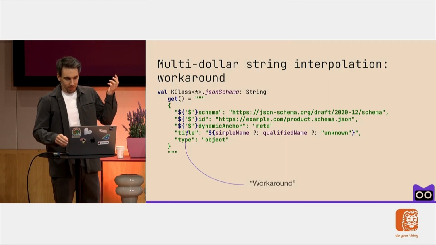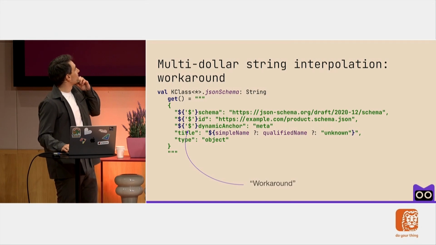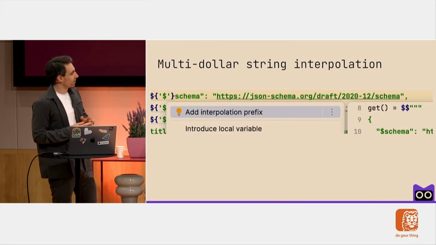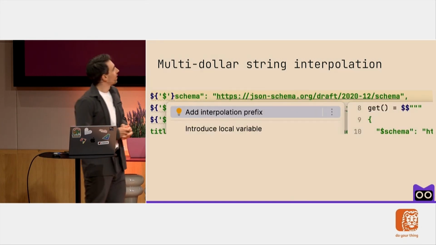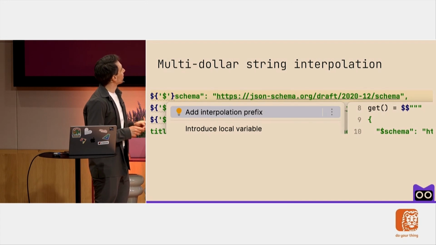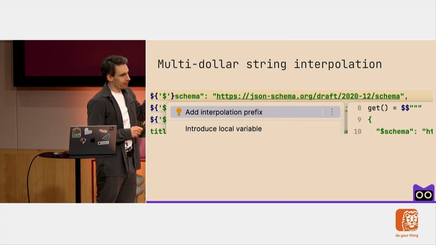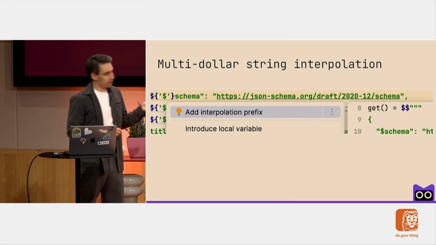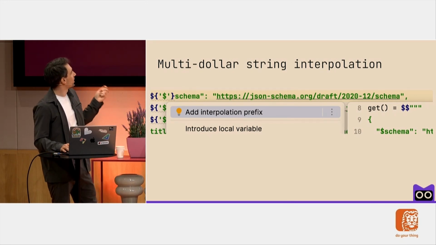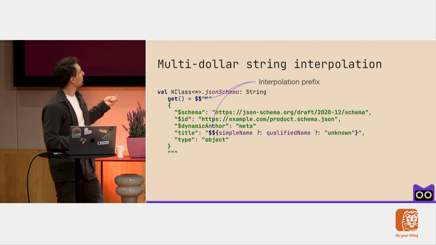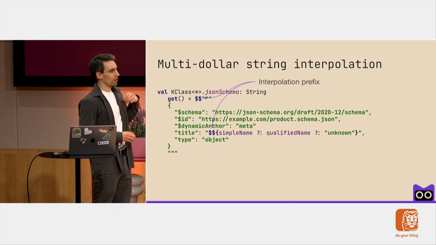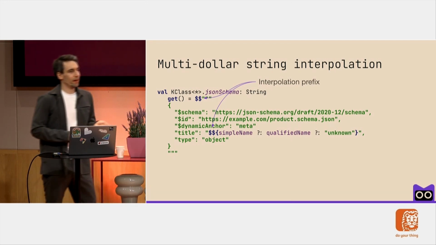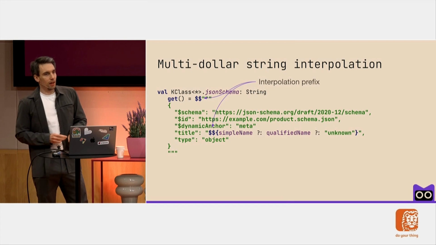So going back to this feature, the solution that we took from C# is that you can start with IntelliJ, which will now highlight this, and you can add an interpolation prefix. When IntelliJ adds this interpolation prefix, it means that such strings can start with an arbitrary number of $ signs.